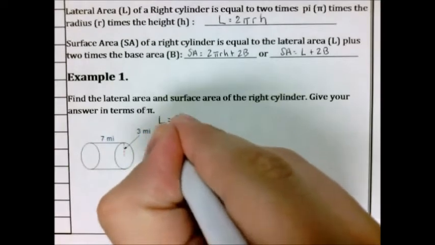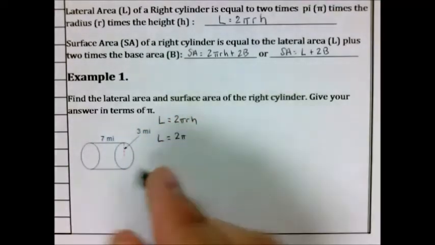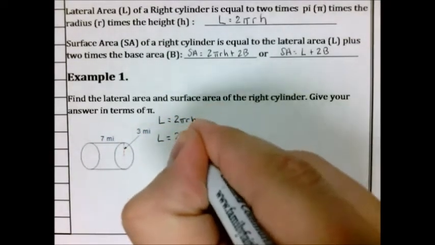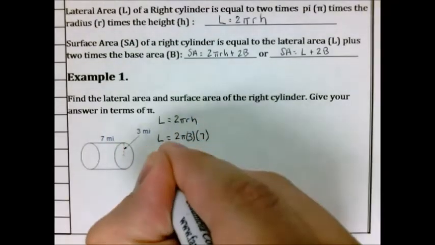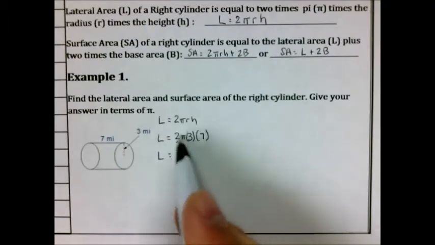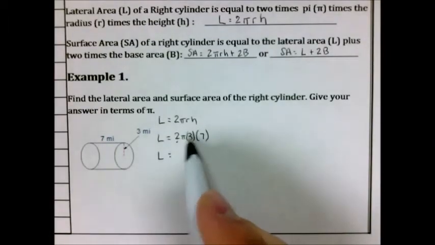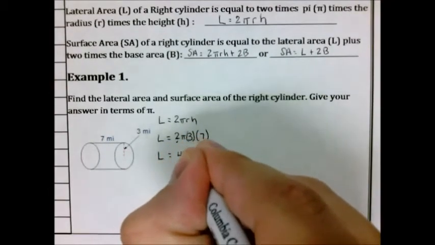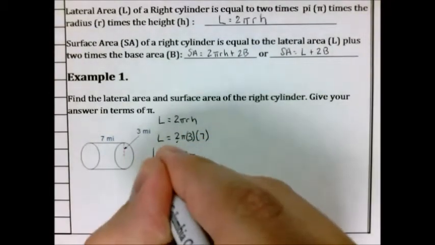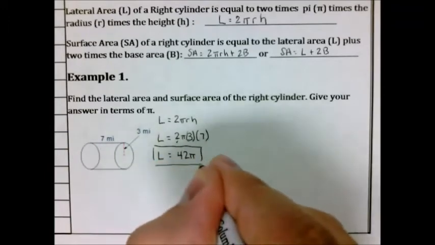We've got L is equal to 2 pi, our radius is 3 miles, and our height is 7 miles. And so we're just going to multiply all those numbers together and leave pi as it is. 2 times 3 is 6, and 6 times 7 is 42 pi. Okay, that is our lateral area, 42 pi.